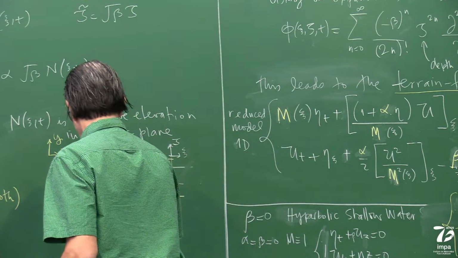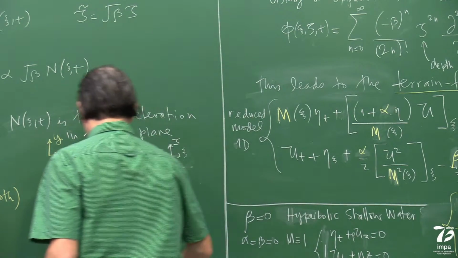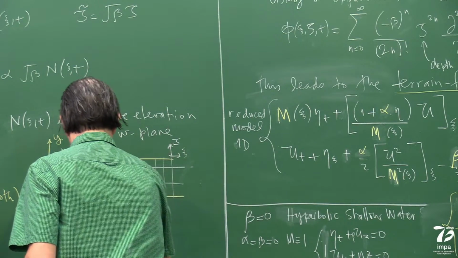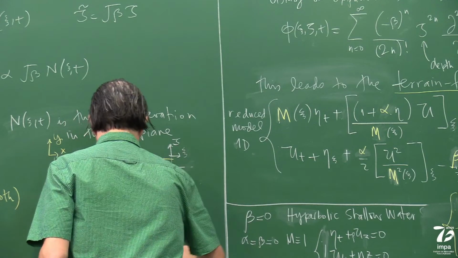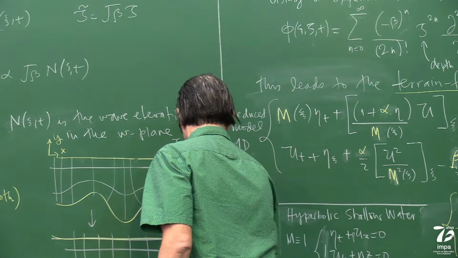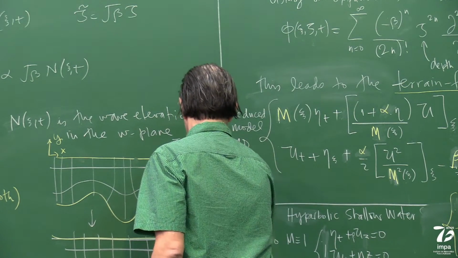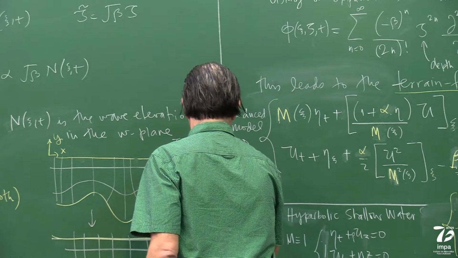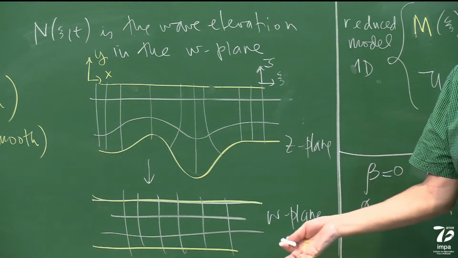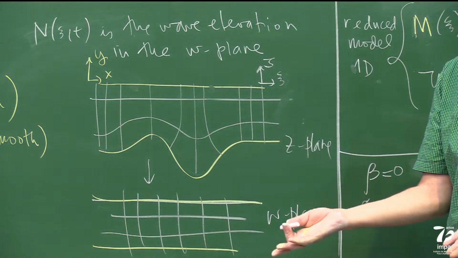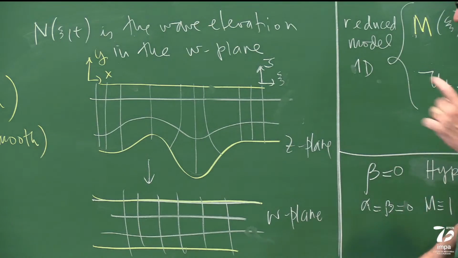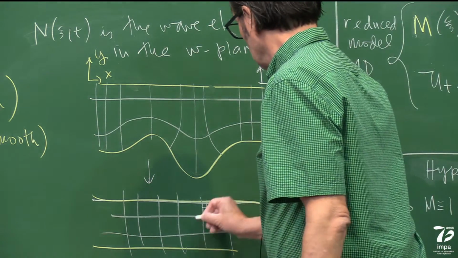Because when I map this to a flat bottom, this is in the W plane, and this is in the Z plane. In the W plane, my coordinate system, xi-zeta, is Cartesian, and these are all right angles.